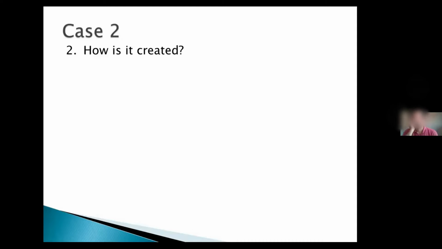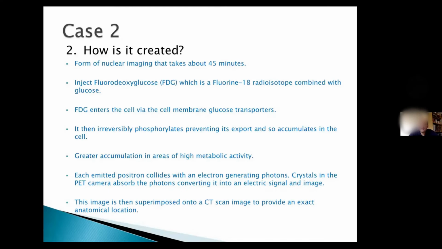Okay, very good. So if we go through the answer for how it's created, you covered some good points there. It's a form of nuclear imaging, good, and it usually takes about 45 minutes to carry out. I'm not sure if you mentioned injection of FDG or fluorodeoxyglucose. It's good to mention that, because it's a radioisotope of fluorine-18.